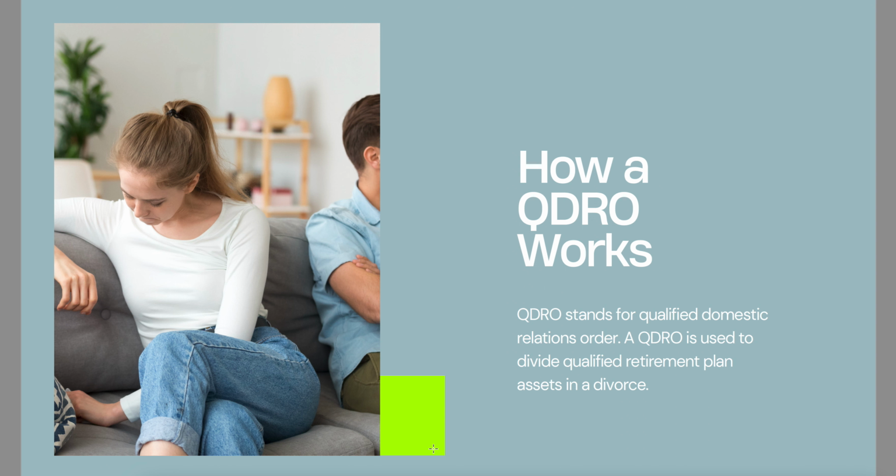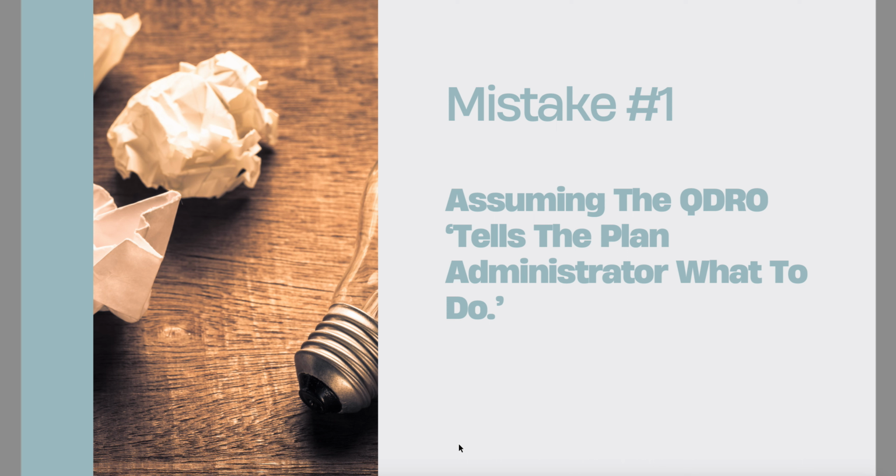So the first mistake that a couple can make when it comes to a QDRO is just assuming that you're going to get a QDRO from the divorce process that tells the plan administrator what to do. So there are a couple of hiccups with this.